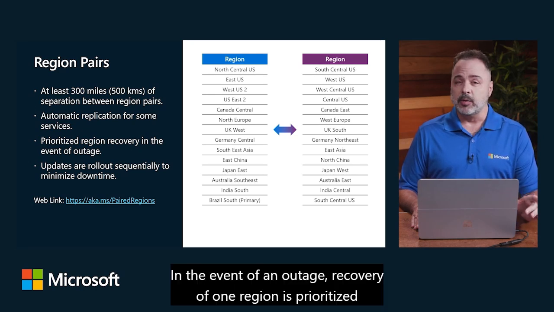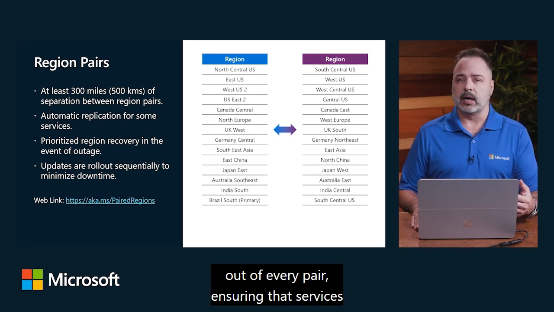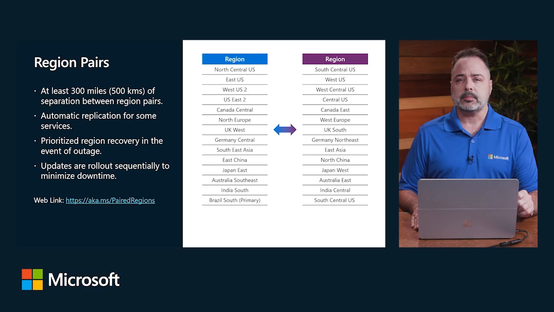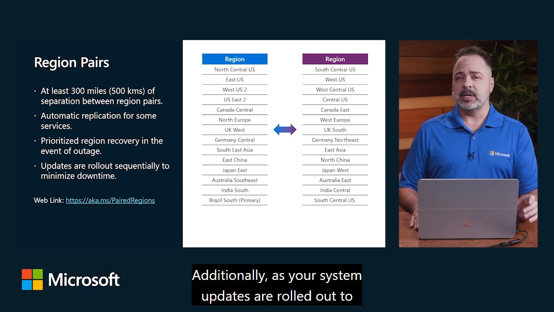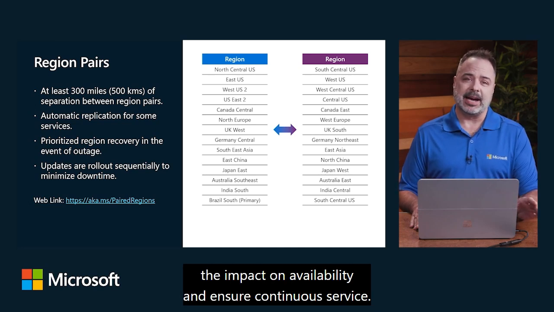In the event of an outage, recovery of one region is prioritized out of every pair, ensuring that services can be restored as quickly as possible. Additionally, Azure system updates are rolled out to paired regions sequentially, not at the same time, to minimize the impact on availability and ensure continuous service.